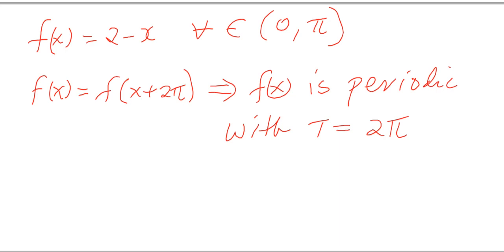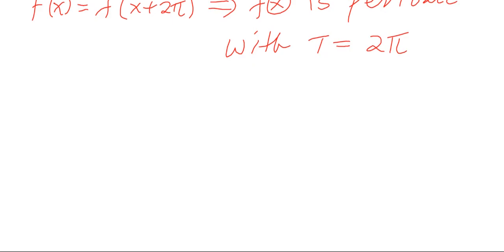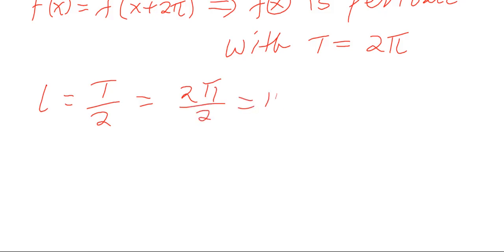Now we need to find the value of L. We said that L is half the period, T divided by 2. So in this case, the value will be 2 pi divided by 2, which is pi.